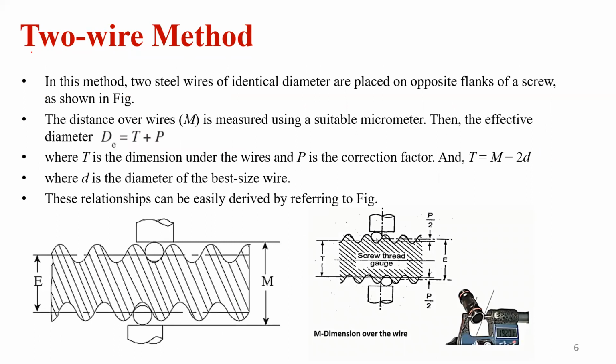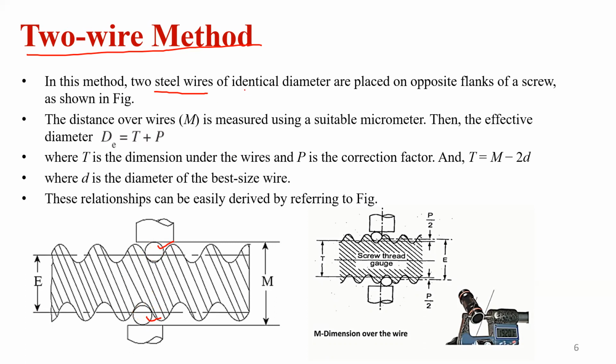Next, coming to the two wire method. In this method, we use two steel wires of identical diameter, and these two wires are placed on opposite flanks of the screw. So this is the diameter of one roller, and this is the diameter of the other roller.